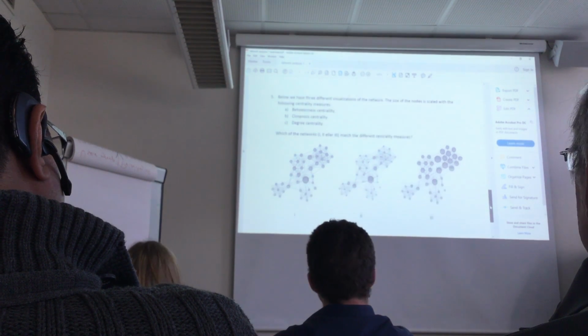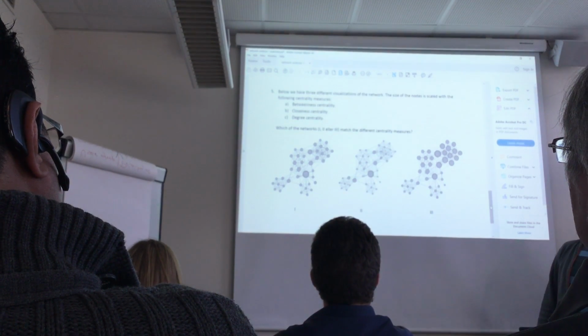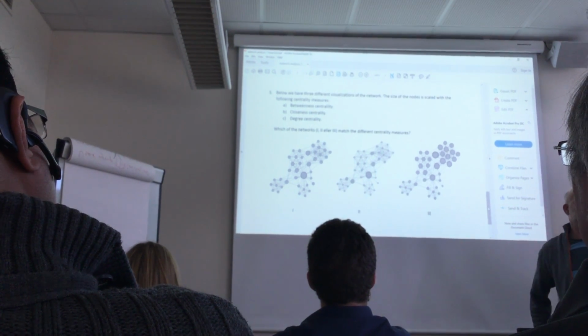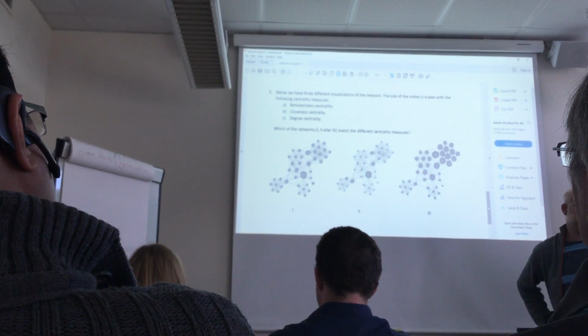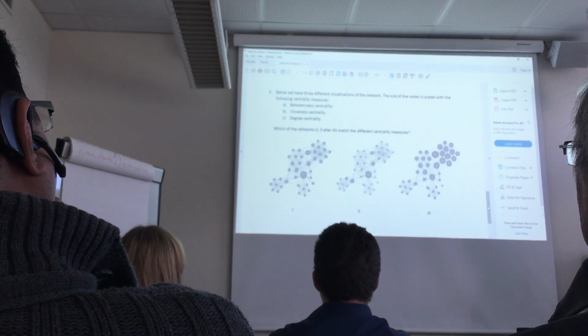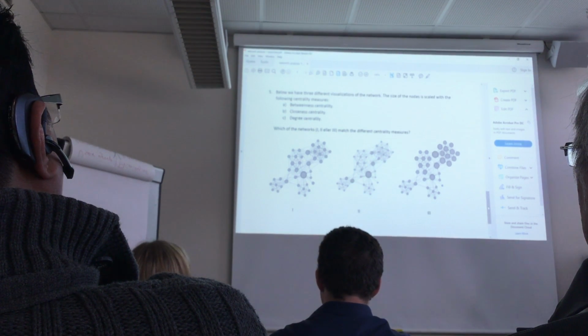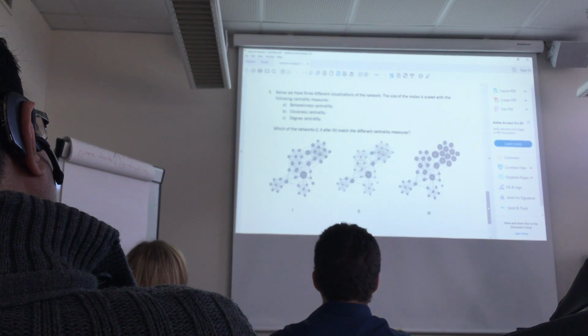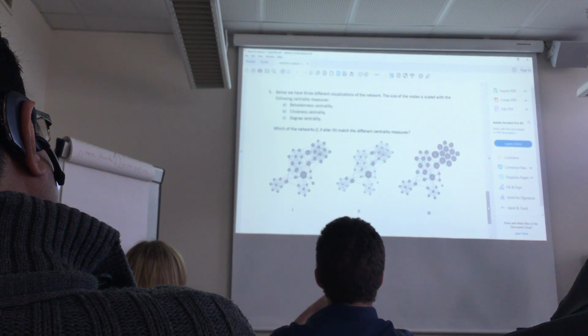What about the last one here? Any ideas? Which one is connected to which one? Yeah? I have a guess. C is connected to 3. To 3?